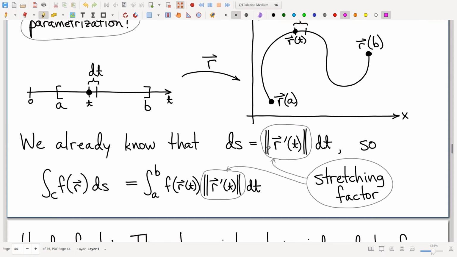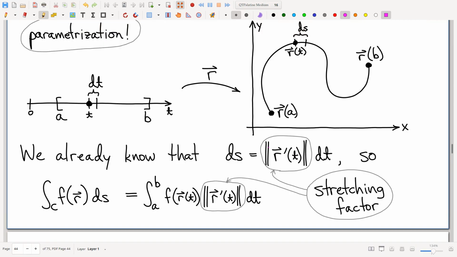Okay, so here's what that looks like. The big trick is understanding the stretching factor. In particular, if I have a little piece of the t-axis, it's going to have an image that's a little piece of my domain, little piece of my curve. And, well, let's think about this.